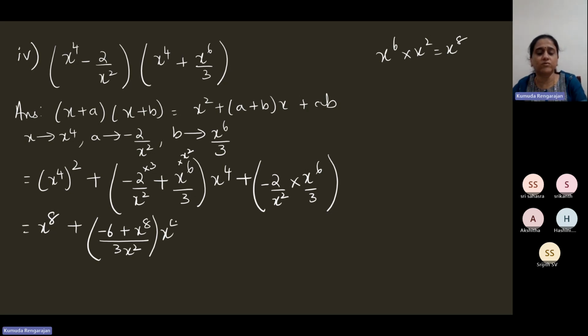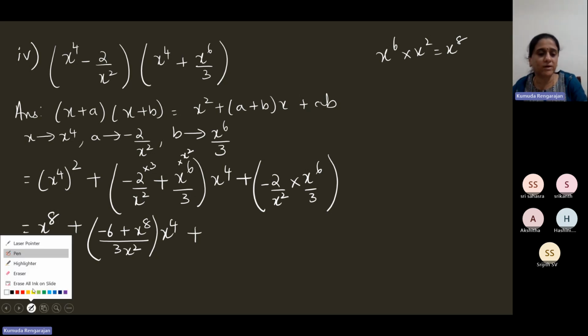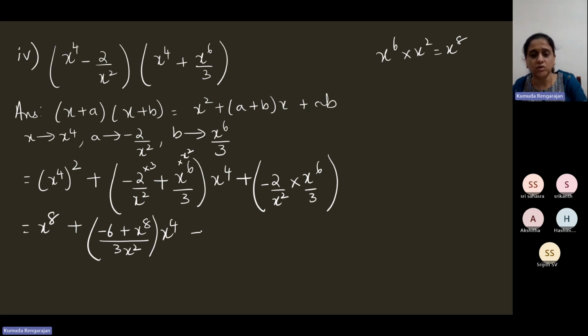And then x to the power 4, which is outside. Plus into minus is minus 2 by 3. And here x to the power 6 divided by x squared is x to the power 4. Here also we are using the law of exponents.